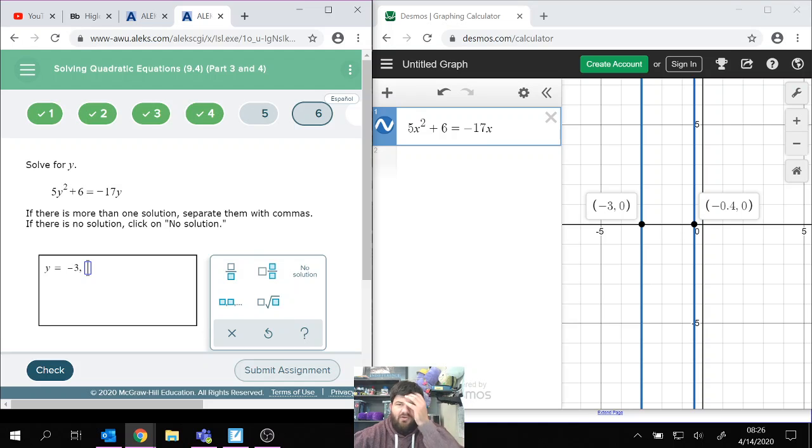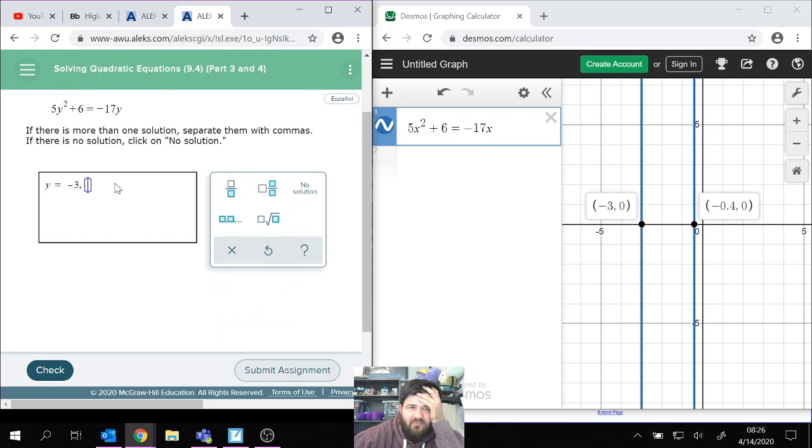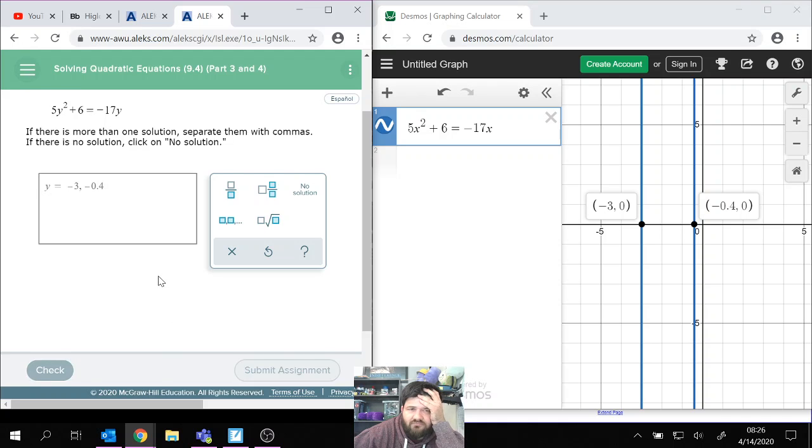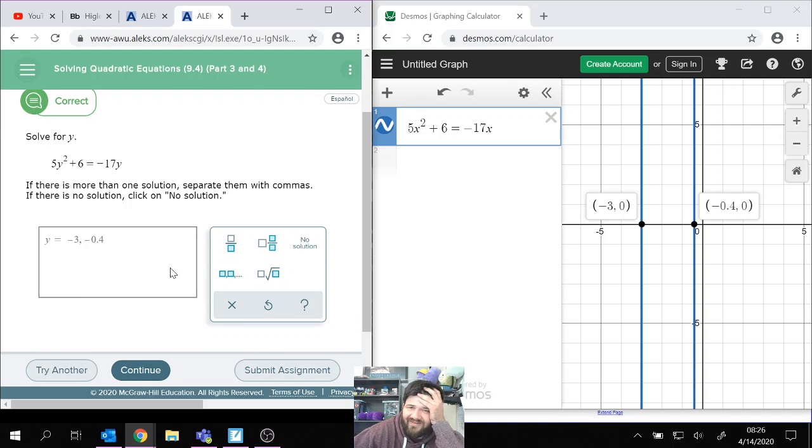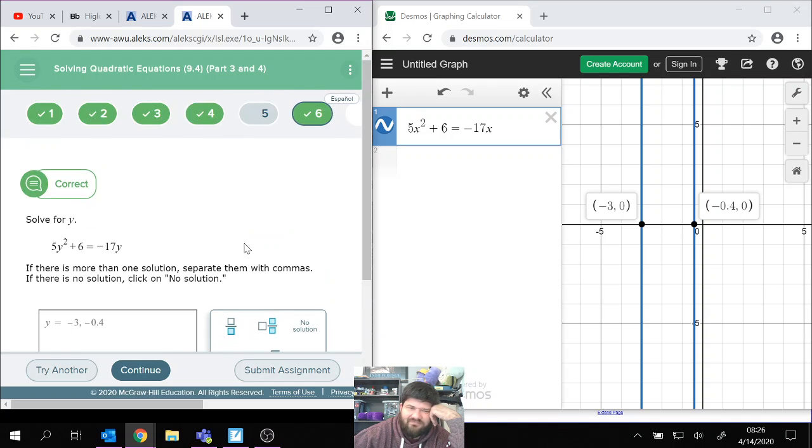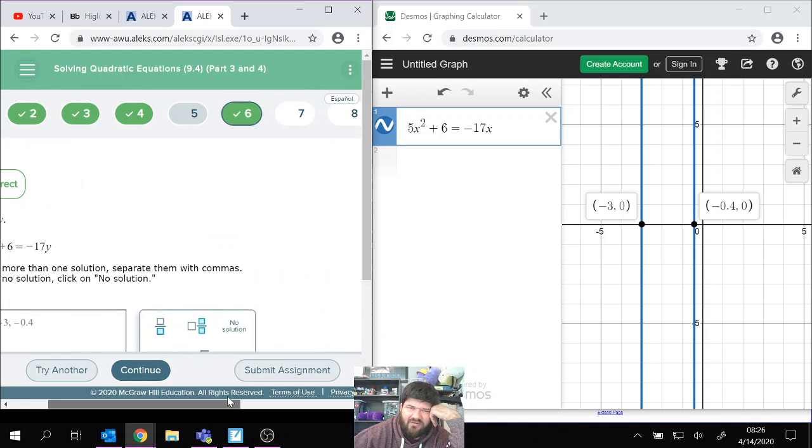Now the other one's weird. It's negative 0.4. Now I don't think Desmos will take this, but let's try it. Oh! There you go. Don't even have to convert that to a regular number.